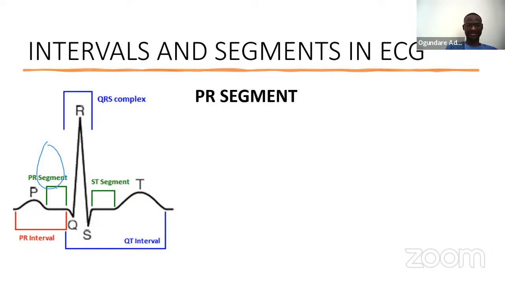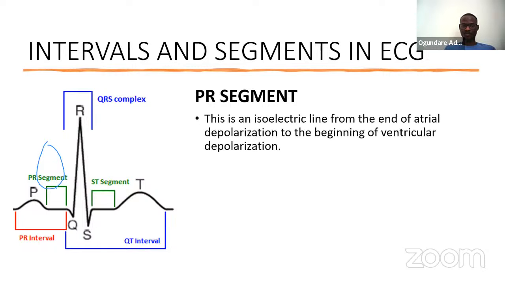Does that make sense? Ventricular depolarization is QRS, isn't it? And the start of the QRS is the Q. So this segment that we are trying to make sense of now is just the distance. It's the isoelectric line between the end of atrial depolarization and the beginning of ventricular depolarization.